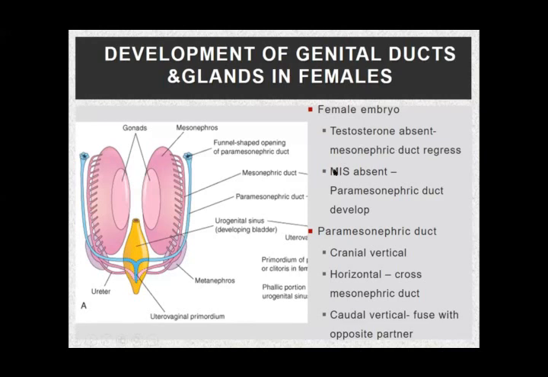On the other hand, Mullerian inhibiting substance is absent as well.